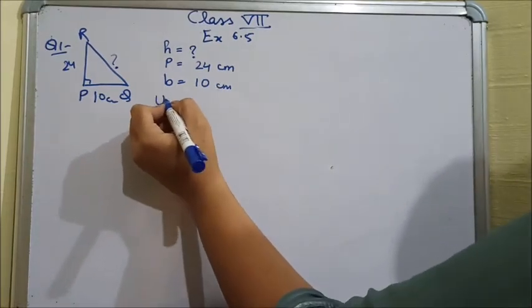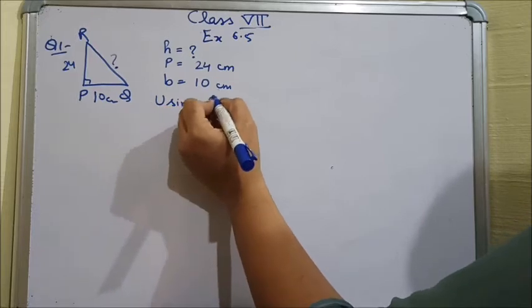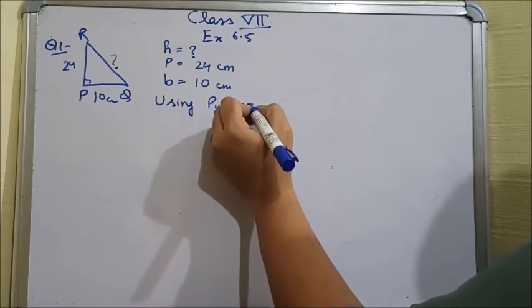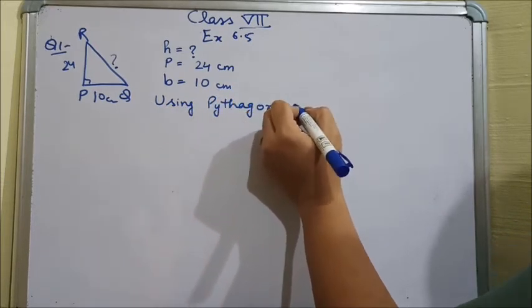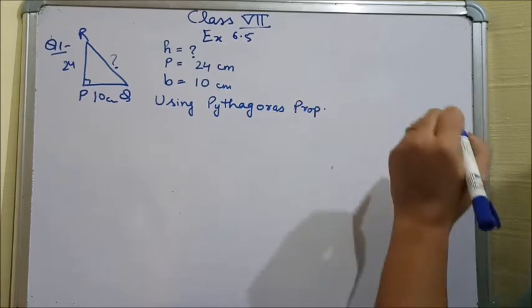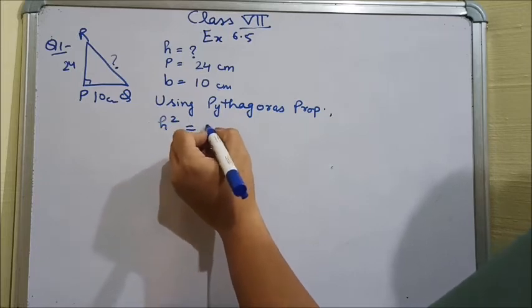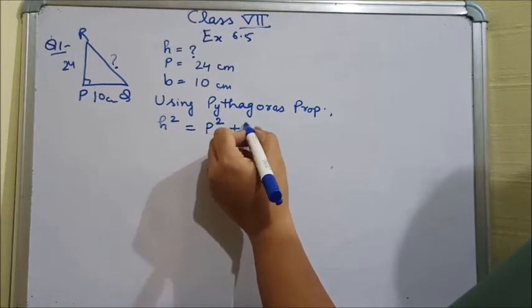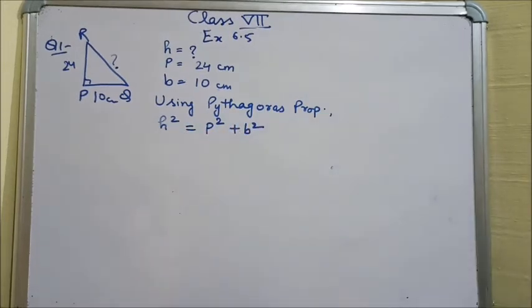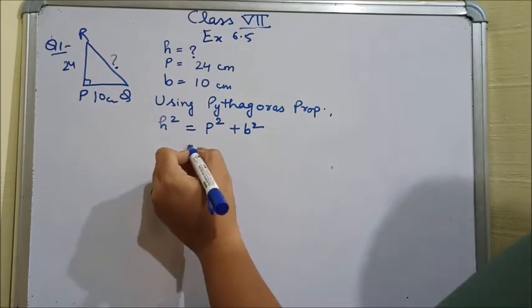Now using Pythagoras property here, we have hypotenuse square is always equal to the sum of squares of P and B, that is P square plus B square. Now we'll put the values.